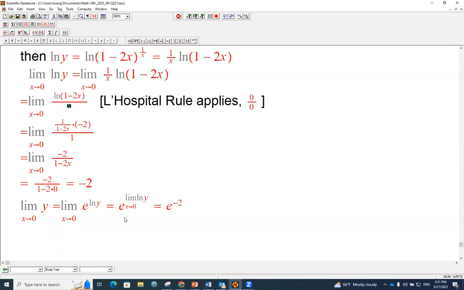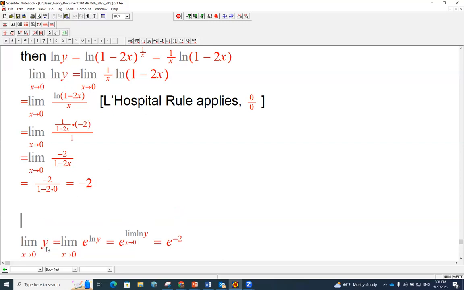No, please study L'Hopital's rule for when it applies. Anyway, we got the limit of ln y as x approaches 0, and then we applied this logarithm property.